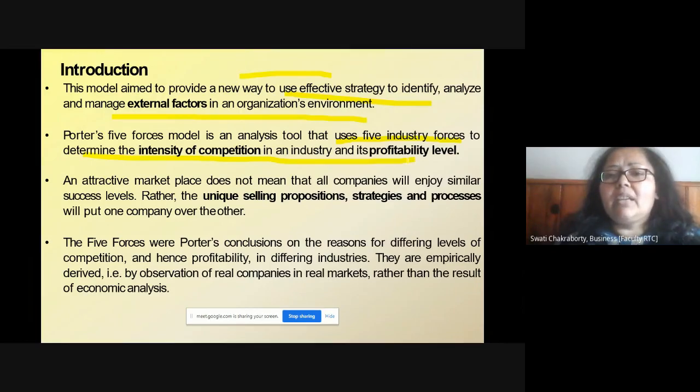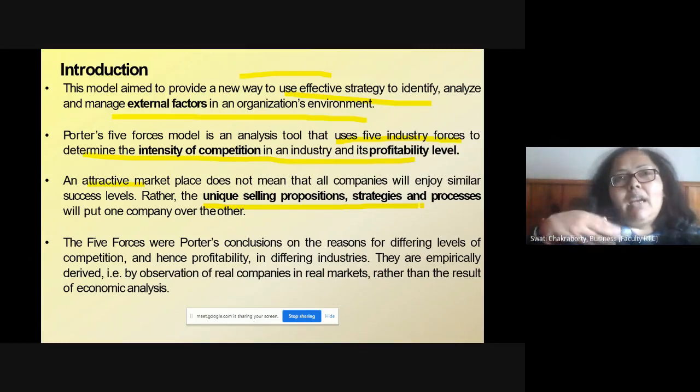And its profitability level. That's what we spoke about a while ago. So when we talk of an attractive market, it talks about the unique selling propositions, strategies, and processes, which will help in putting one company above the other.